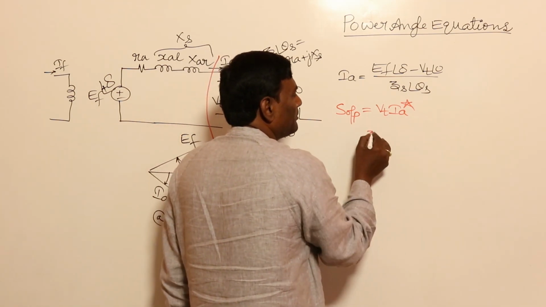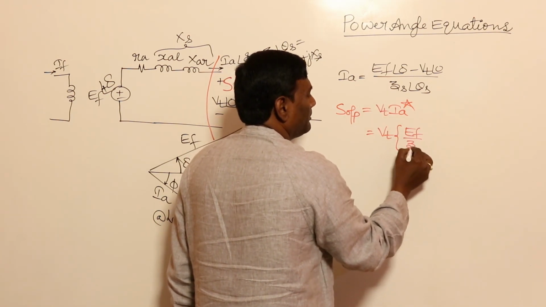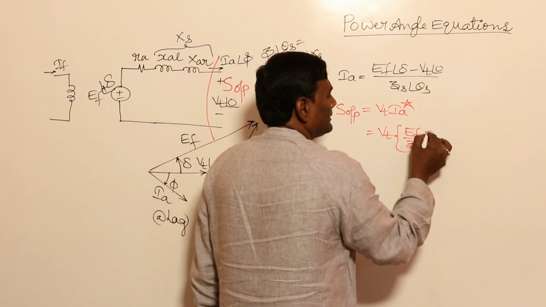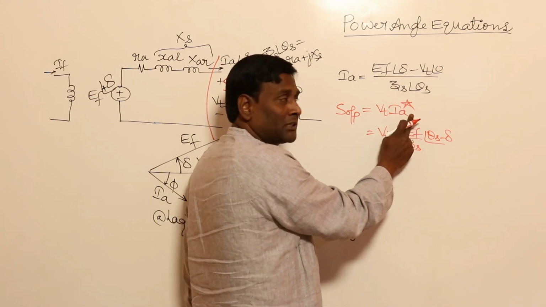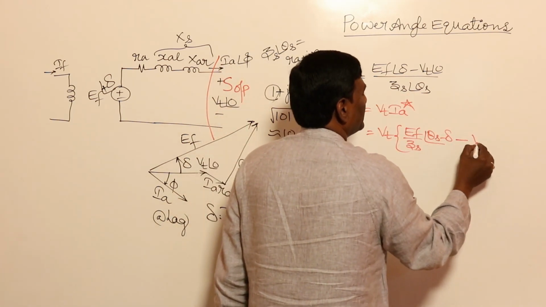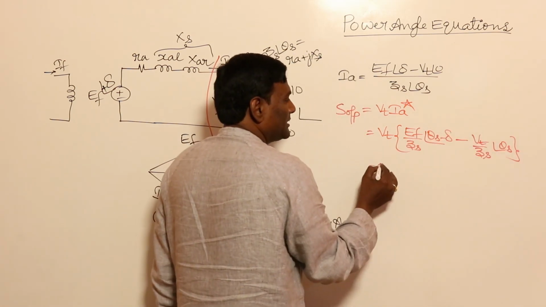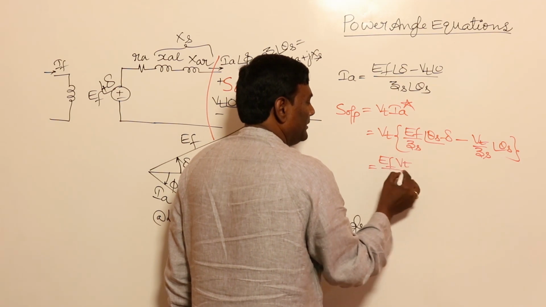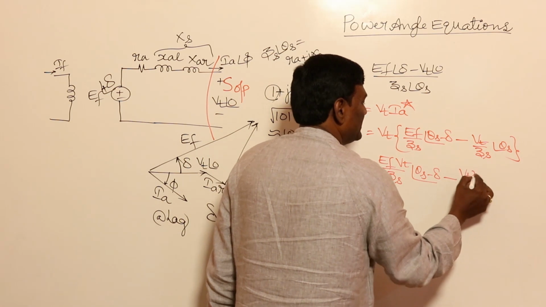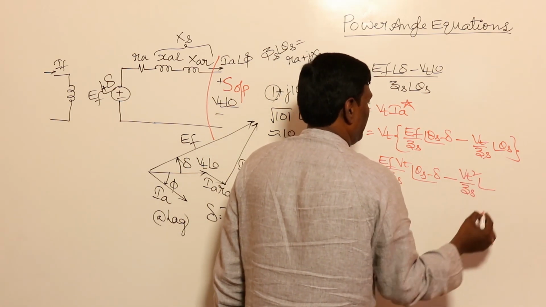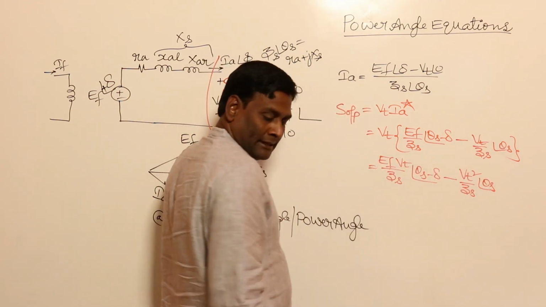So VT into IA complex conjugate: EF by ZS at an angle theta S minus delta, since delta minus theta S becomes theta S minus delta in the complex conjugate, minus VT by ZS at an angle theta S. So the equation is EF VT by ZS at an angle theta S minus delta, minus VT square by ZS at an angle theta S.